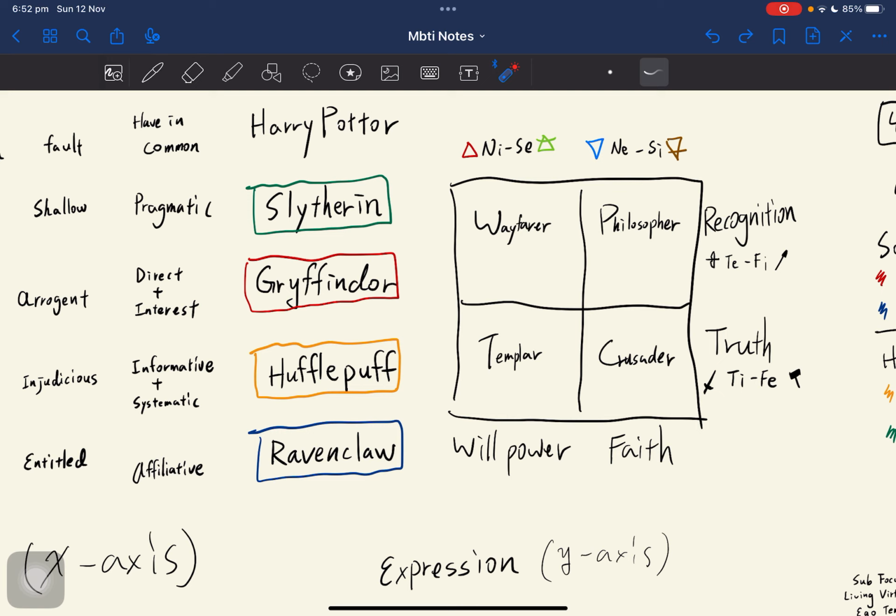So yeah, and extroverted intuition is NE, and these people are more focused on, what are the possibilities, what are the other people doing, the metaphysical, the abstract. So these two are abstract, these two are more concrete. And so yeah, seeing the big picture, for example.